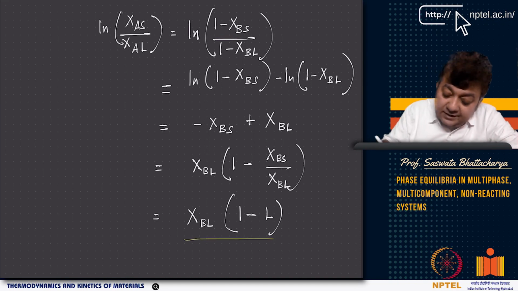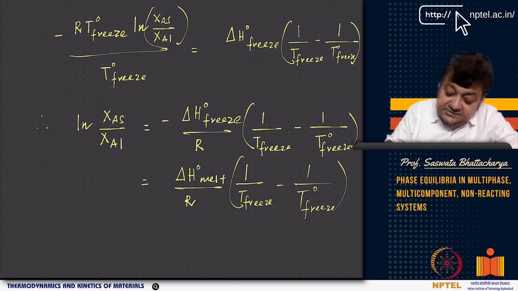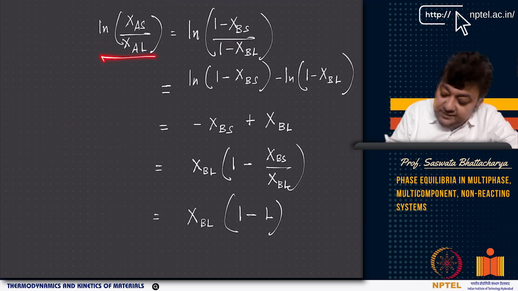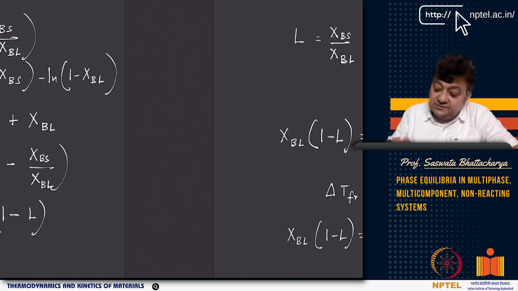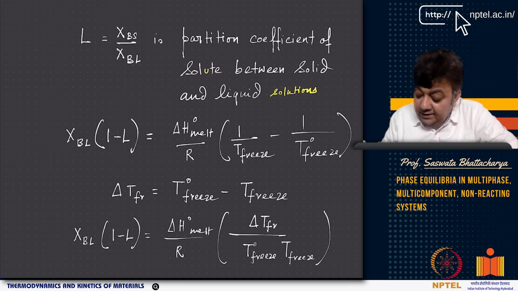The term that you had in this equation is now replaced by this. So this becomes XBL(1 minus L) equals delta H0 by R, delta T freezing by T0 freeze times T freeze.